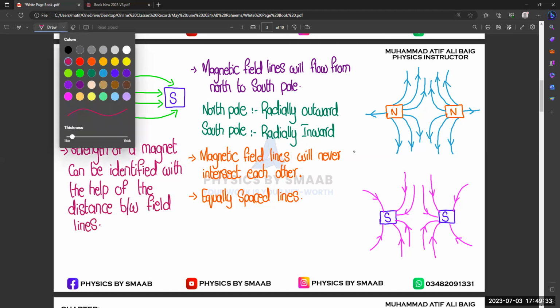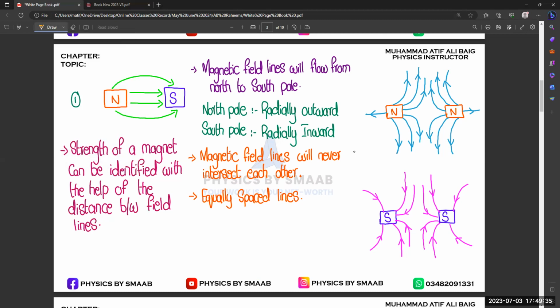And how can we identify it? The distance. So if field lines are close to each other, it means a strong field, right?